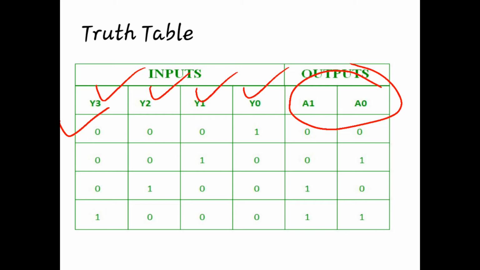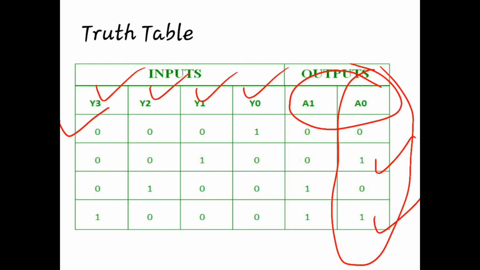For the first variable, this particular column A0, just observe in which rows A0 is high, meaning the value of A0 is 1. You can see it is high here and here.